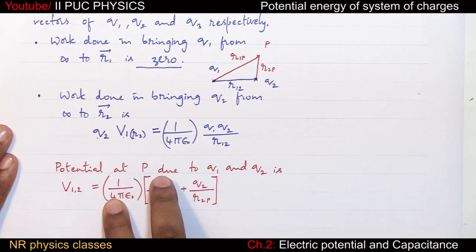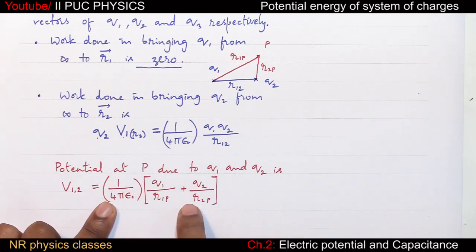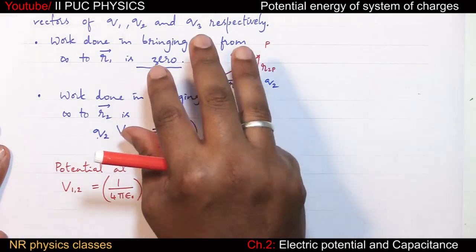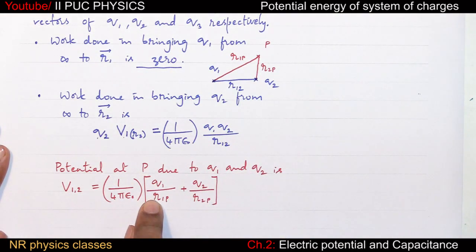Since the constant is a common factor, we get this expression. Students, please do write all these statements, steps and equations. It is easy to understand if you are copying all this.